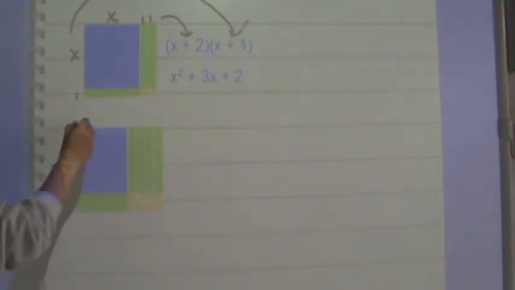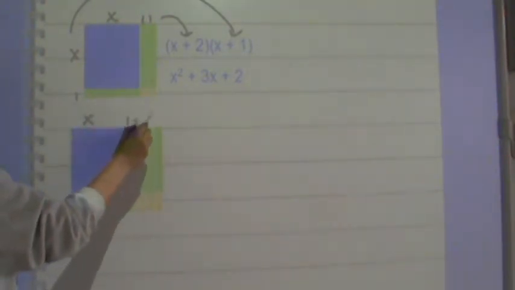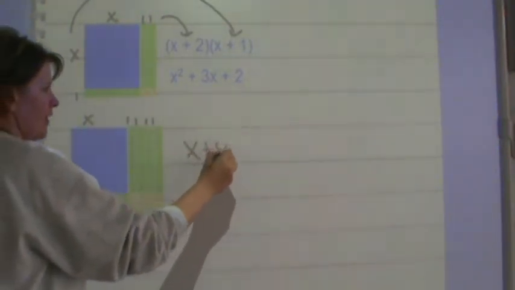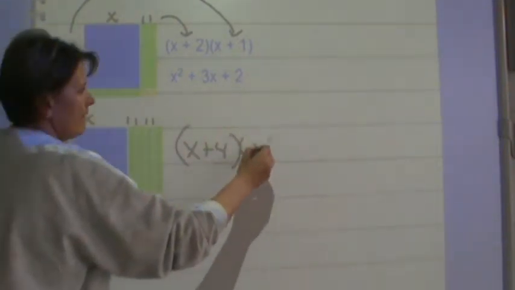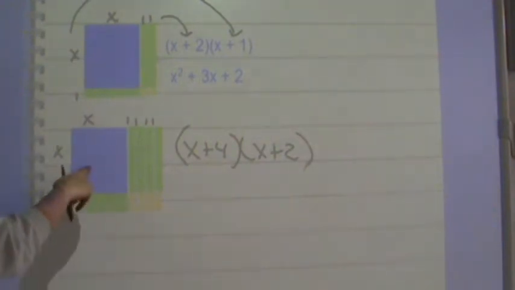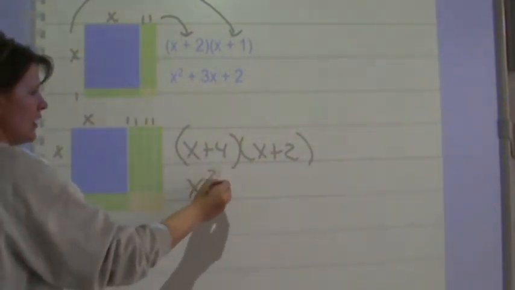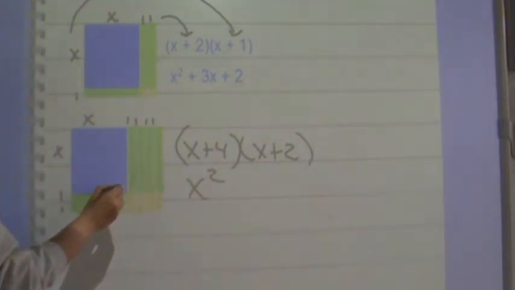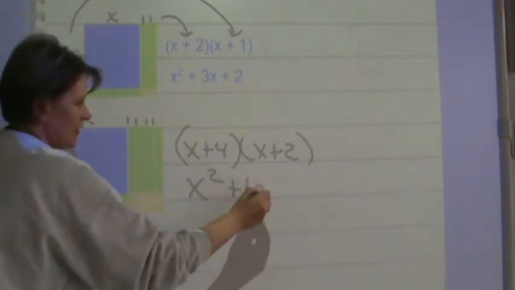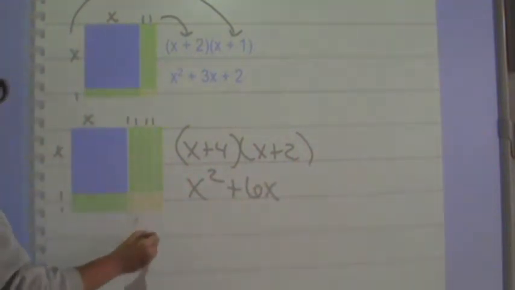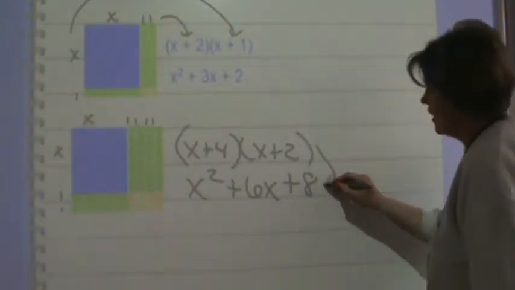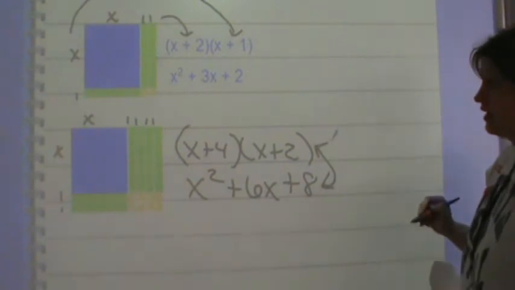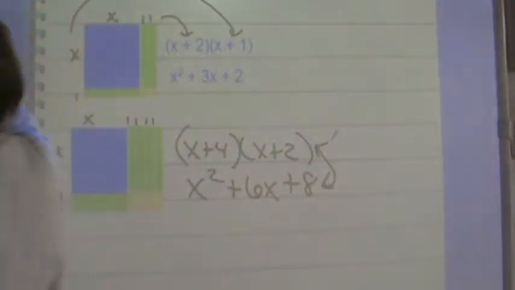So on this one, I'd have x plus 1 times x plus 2. Or, I could look at the inside. I've got x squared plus 6x plus 8. Now, as you probably could guess, these two are then interchangeable. And we'll get to that in just a second.